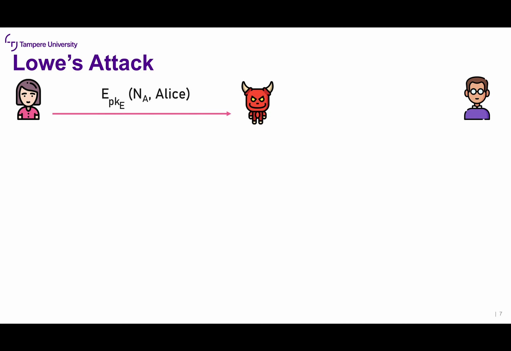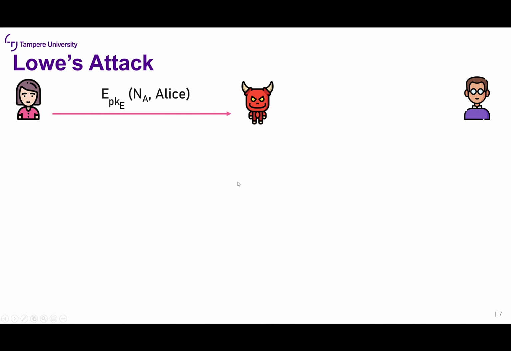So at some point, Alice will send this part to Eve, which is basically NA, a nonce that Alice generated, Alice's identity, and everything will be encrypted with Eve's public key, right? So Alice obtained Eve's public key through Trent. Now she has Eve's public key, and she contacts Eve by sending a random nonce encrypted with Eve's public key.